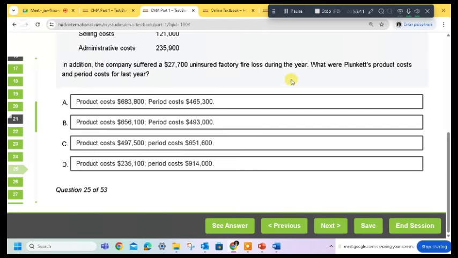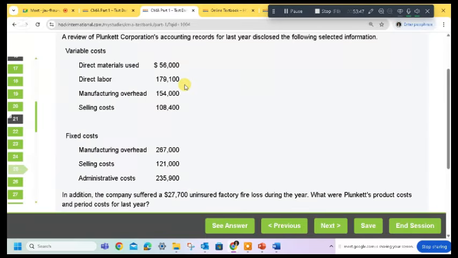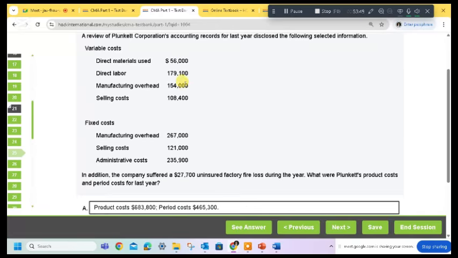In addition, Plunkett company. What were Plunkett's product costs and period costs? What comes in product cost? Direct material, direct labor, manufacturing overhead. Manufacturing overhead is there in two places, variable and fixed. Take both of them. Both are manufacturing overhead.